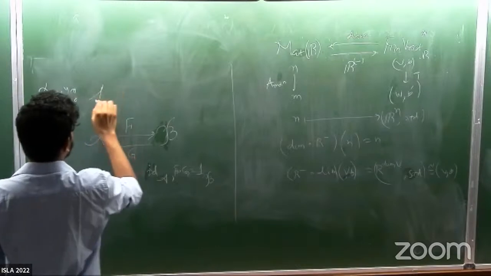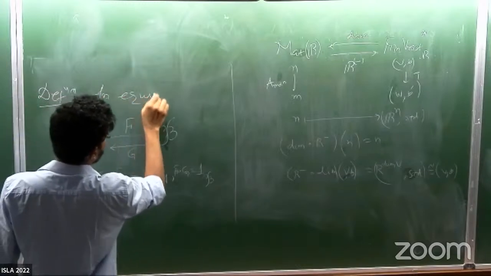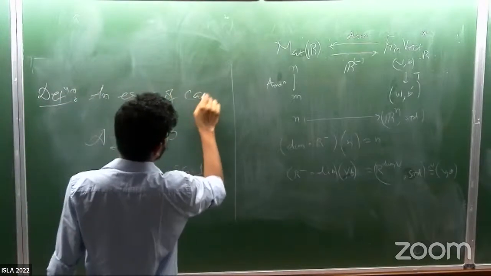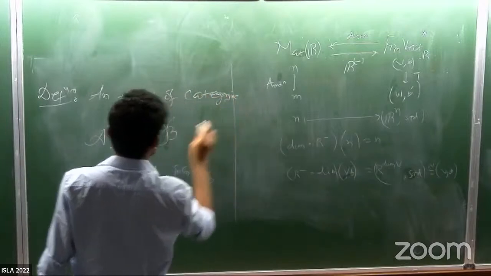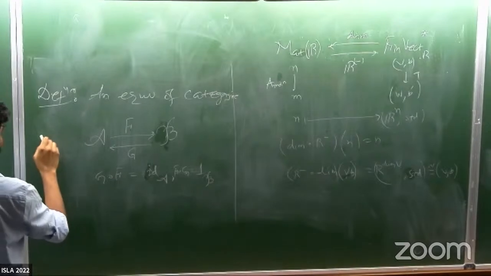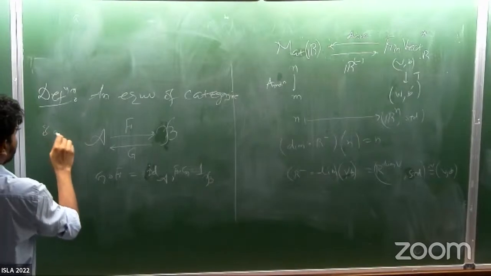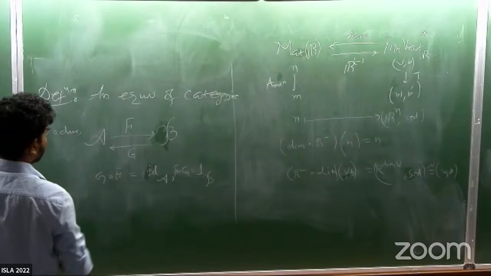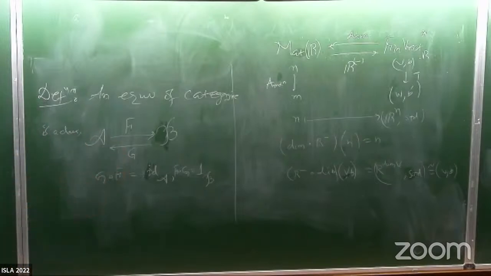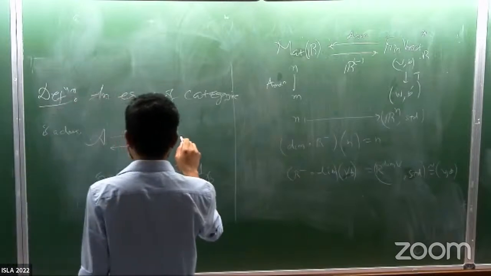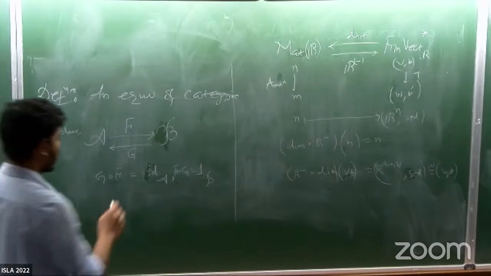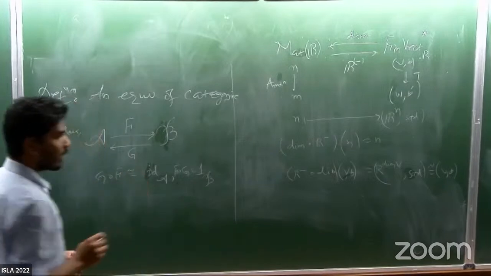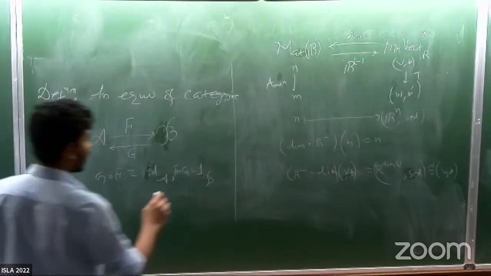An equivalence of categories is a data that is two functors F and G in reverse directions, so that when you compose, they're not exactly equal to identity, but they're isomorphic to the identity functor. What do I mean by that?